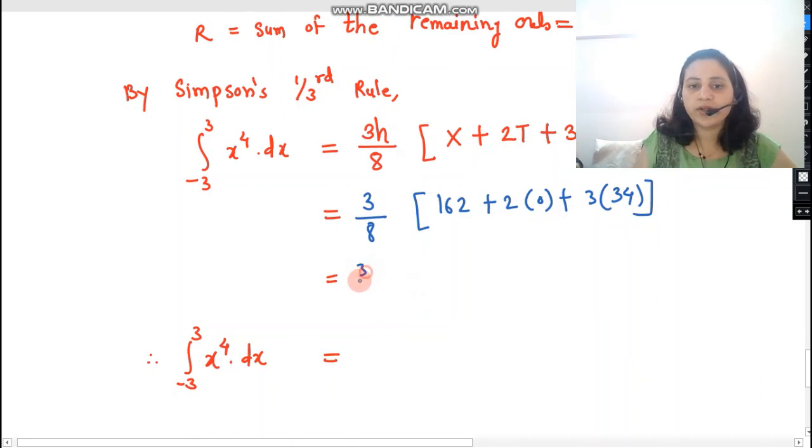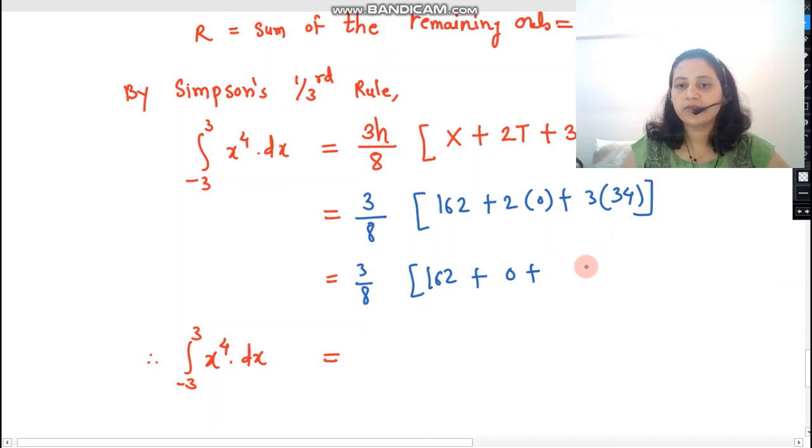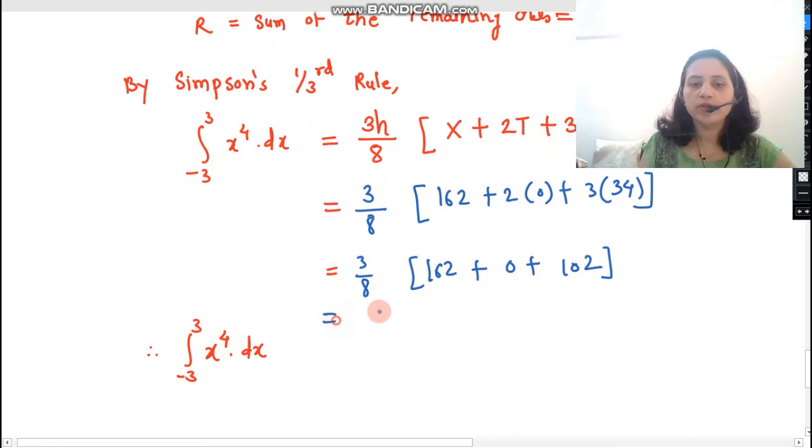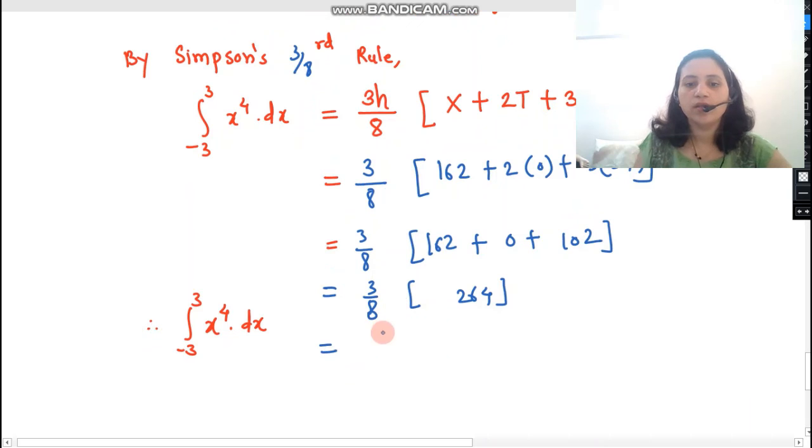Now let's calculate all the values. So 162 as it is plus 0 plus this is 102, which is equal to 3 by 8 into bracket 162 plus 102, that means 462. So 99. This is the final answer.